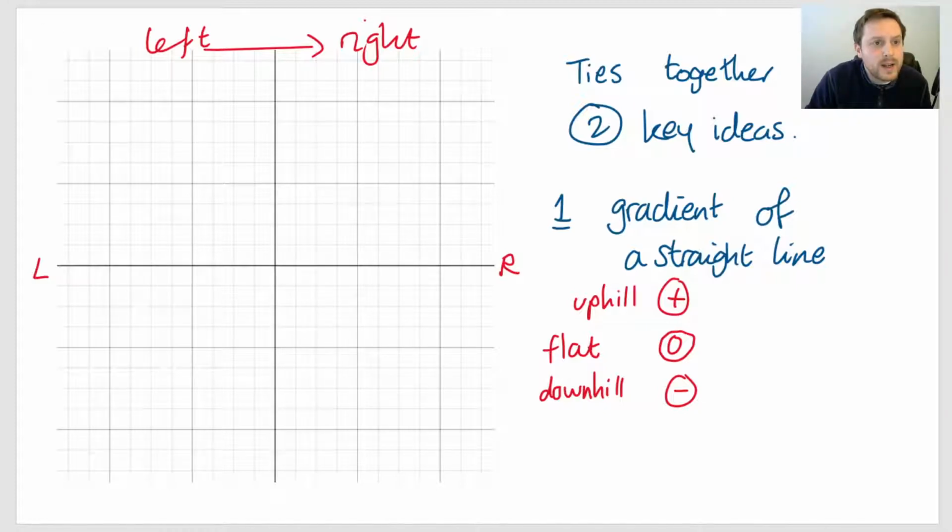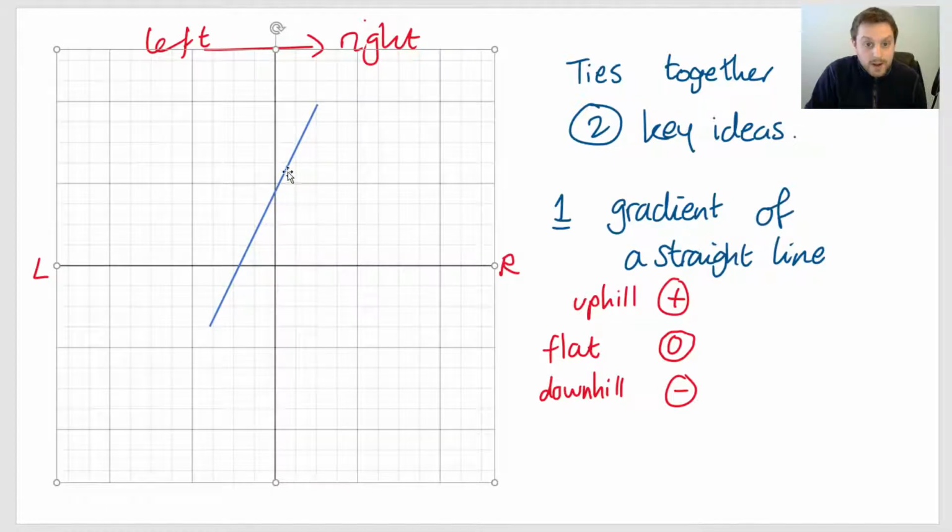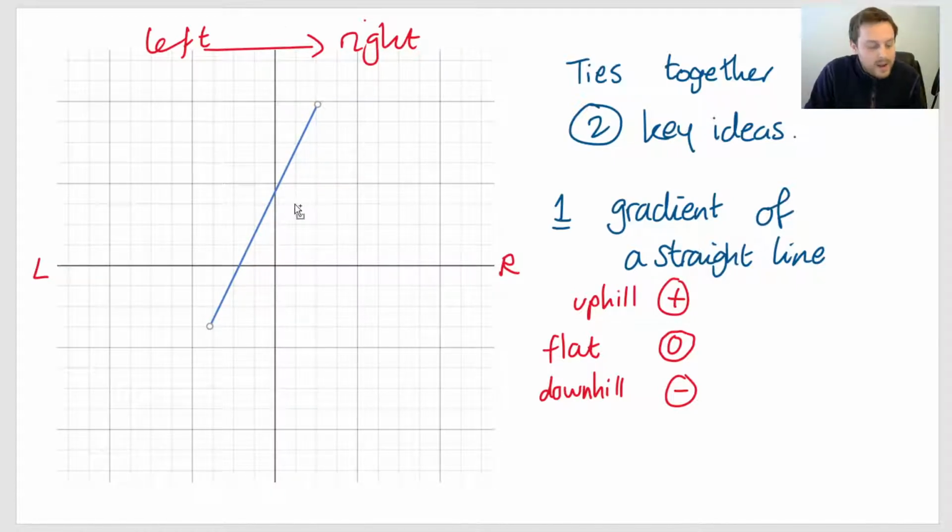Can I draw a straight line? Insert shapes, straight line. Yes, I can. Right, great. So, and let me make that a bit thicker. There you go. So I've actually got a straight line, which is good.